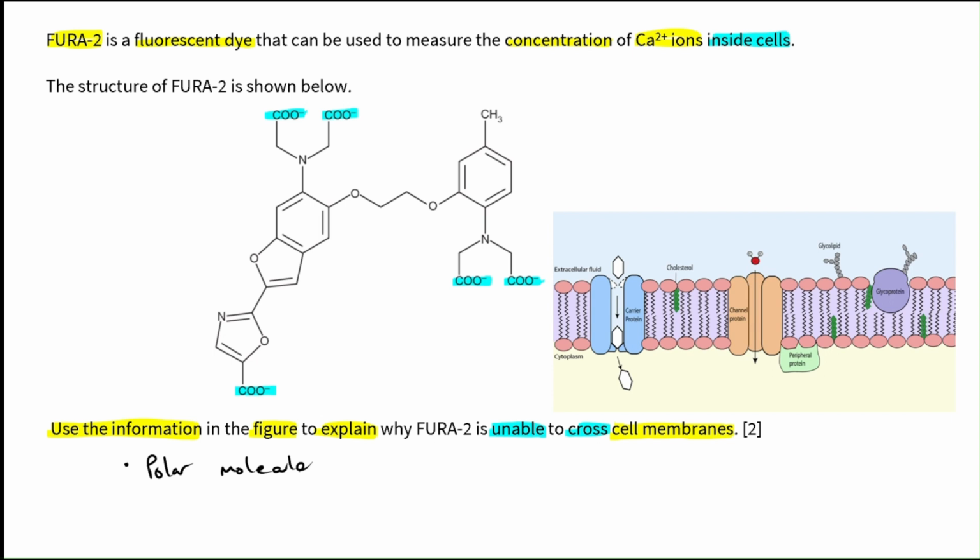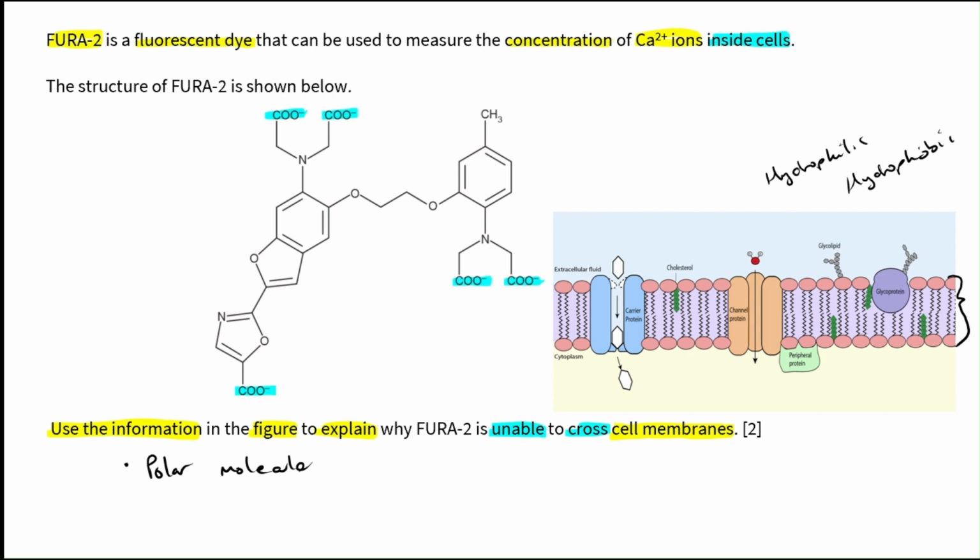And that phospholipid bilayer has got the hydrophilic heads on the outside and the hydrophobic tails on the inside. So we know that we've got our hydrophilic heads, we've got our hydrophobic tails, we get a phospholipid bilayer, and because of that, they arrange with the heads on the outside and the tails on the inside.